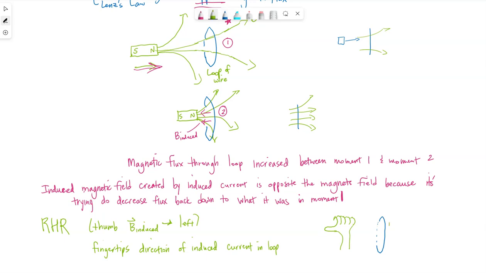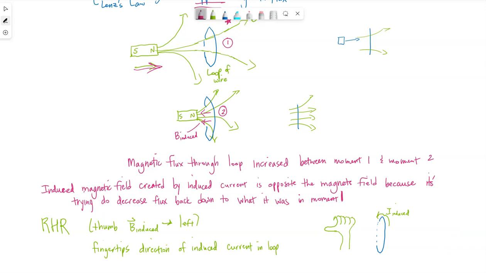In our loop, our fingertips are pointing away from us up here. That means the current induced in this loop is flowing away from us on the top of the loop. If we twisted our wrist all the way around so that our thumb was still pointing to the left, our fingertips... I don't think I can draw that.